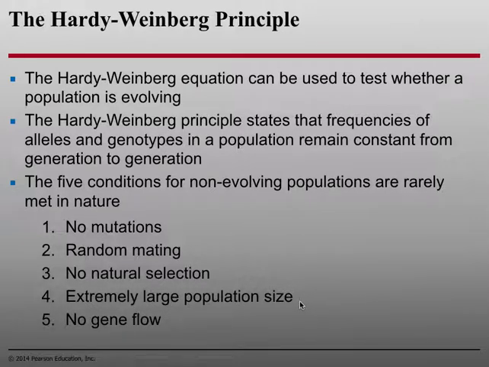By large population size, we're talking in the upper thousands. It can't just be 40, it can't just be 100, it's got to be practically above 1,000. And then no gene flow. This means no new genes coming in and no old genes going out, for example, migration or extinction.